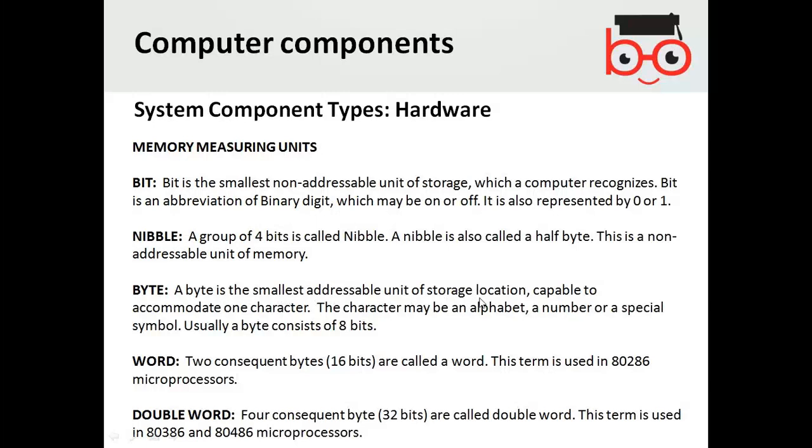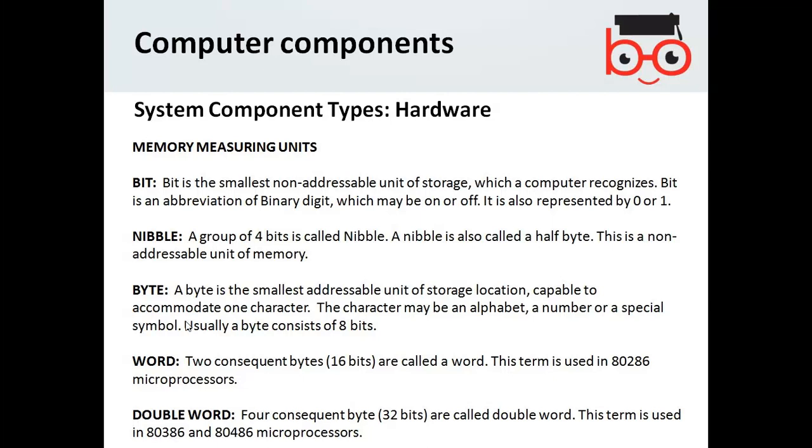unit of storage location, capable of accommodating 1 character. A character may be an alphabet, a number, or a special symbol. Usually a byte consists of 8 bits. So starting from the bit, a nibble is still non-addressable. A byte is the smallest addressable unit.